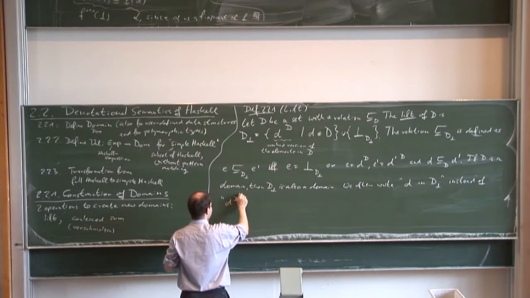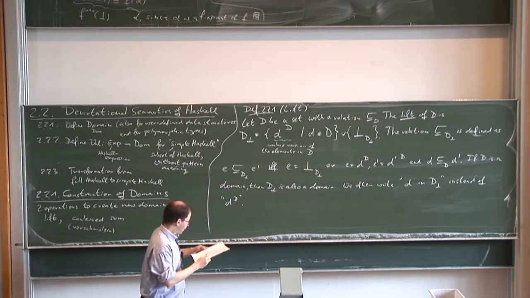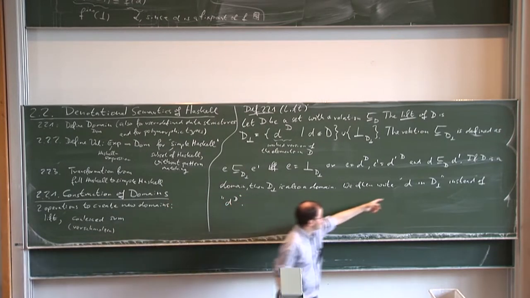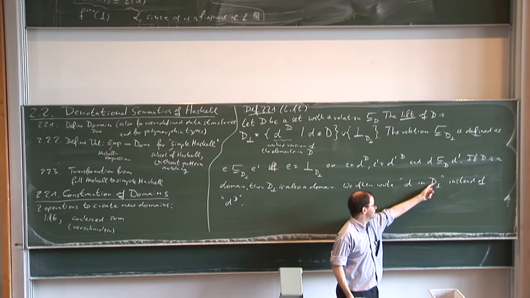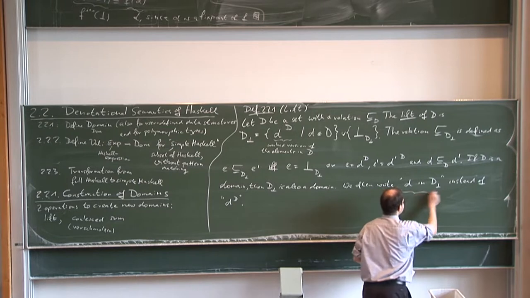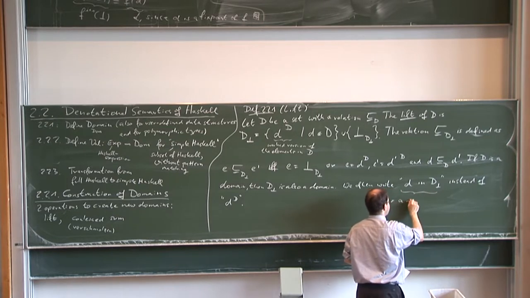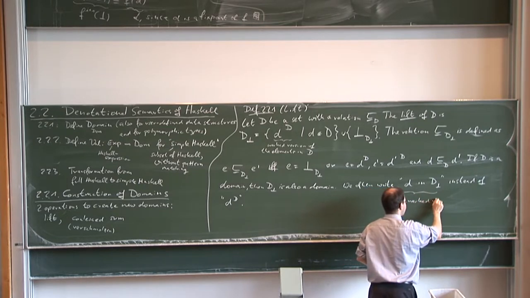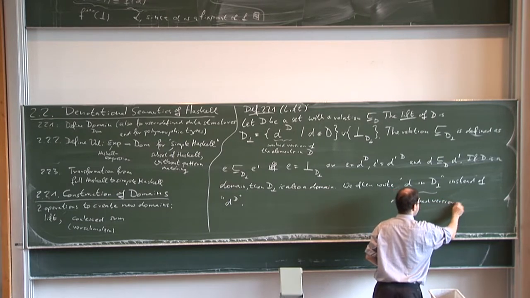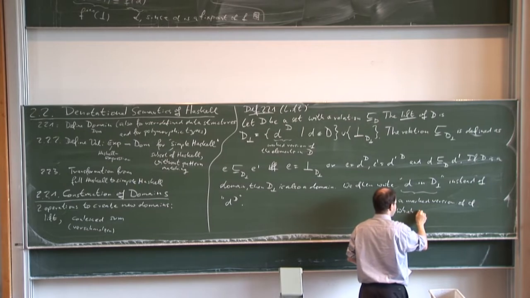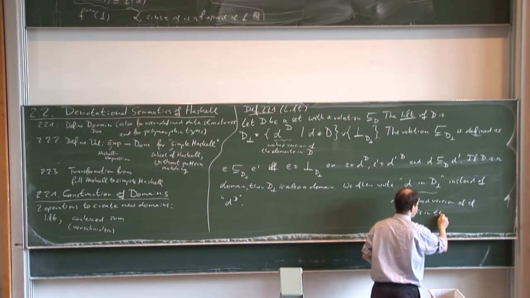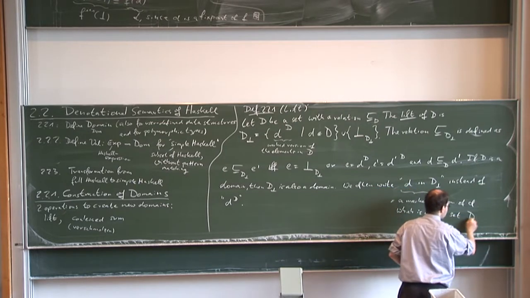So this means a marked version of small d which is in the set D bottom.